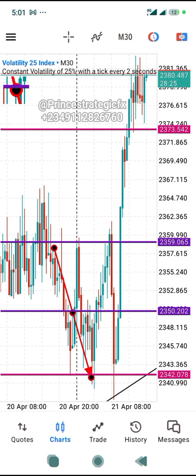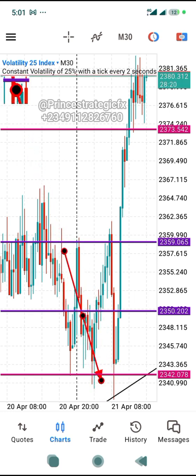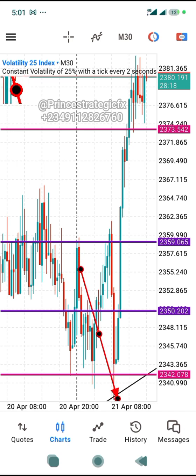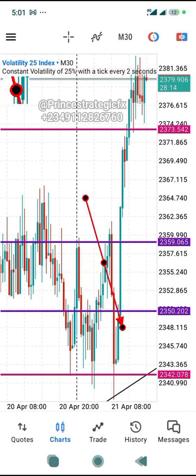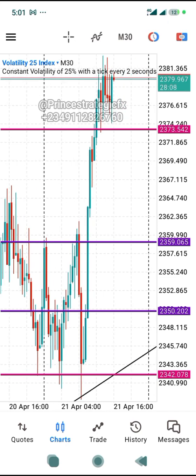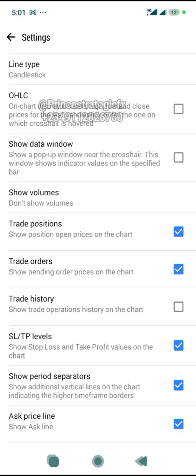I can see a double bottom here, where price came down, went up again, came down again, hit that particular trend line, gave us a rejection and started moving up. Now that is one hell of a confirmation that you can actually start taking your trade immediately.